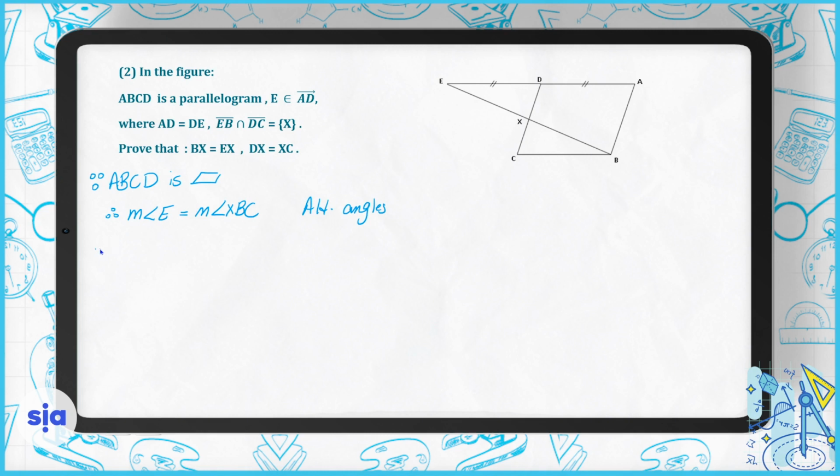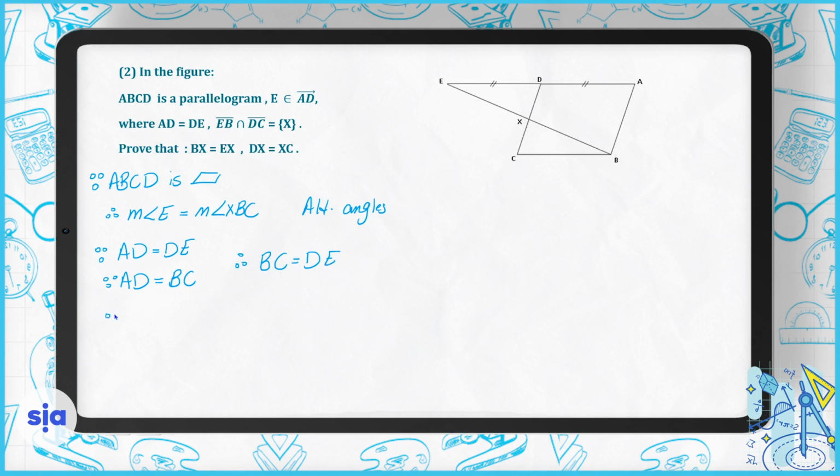And since it's given that AD equals DE, and since AD is equal to BC as opposite sides of a parallelogram, therefore BC is equal to DE.